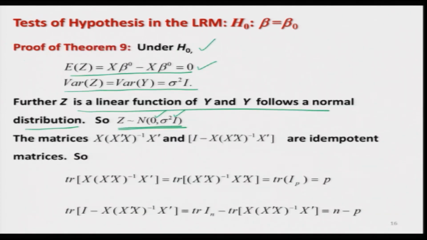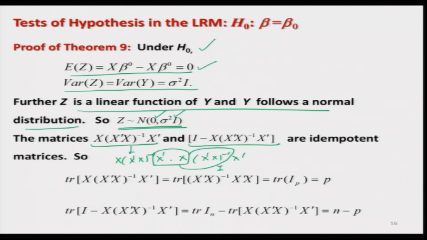We use them here, because we know that these two matrices, X into X transpose X whole inverse X transpose and the hat matrix I minus X X transpose X whole inverse into X transpose, are idempotent. You can see this is X into X transpose X whole inverse into X transpose. Now you multiply by the same matrix. This gives X transpose X into X transpose X whole inverse, which is I, and the product comes out to be only X into X transpose X whole inverse into X transpose.